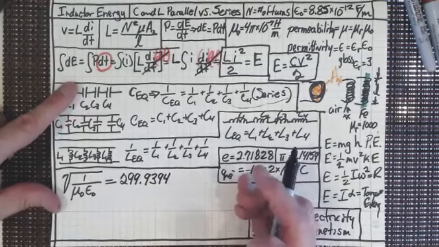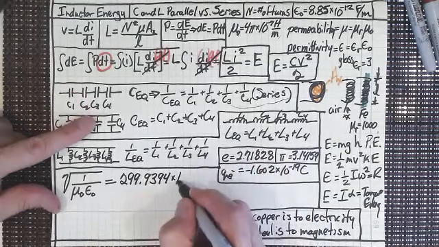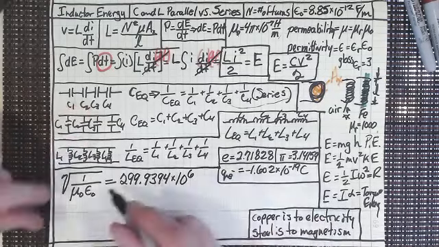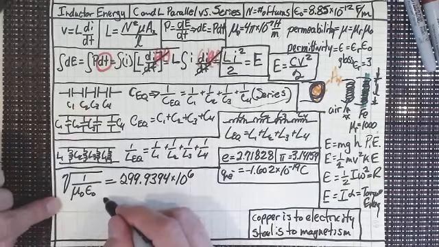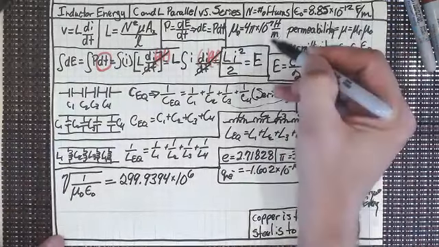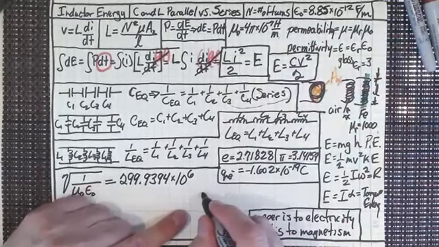299.9394 times 10 to the 6th. And what are my units? Didn't I say it was farads per meter and henries per meter? What is a farad per meter?